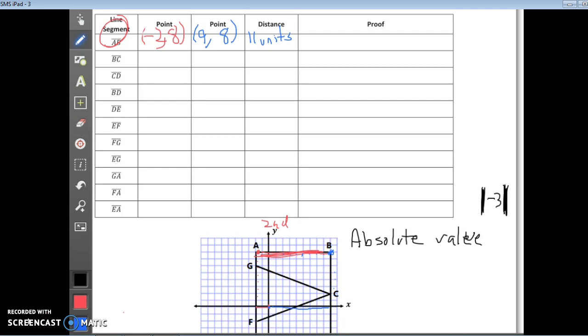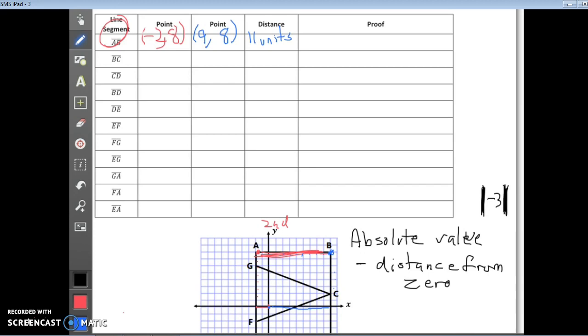So if you ever see something that has these two lines around a letter or variable, it is the absolute value sign. And what does it mean? Well, if you go in a dictionary, you're going to find multiple definitions on multiple words, but really what it comes down to is it means distance from 0. How far away from 0 is it? That's all that it means.